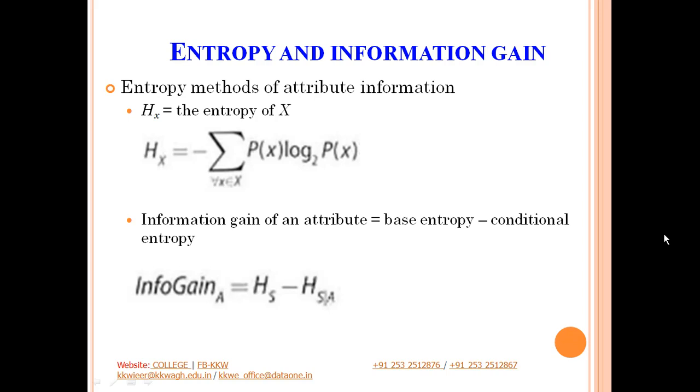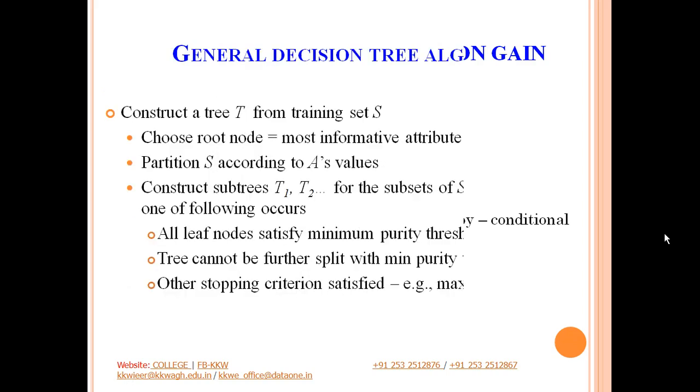Basically, we are going to calculate the information gain for each of the attributes, and then we select the attribute that has the highest information gain. Highest information gain means the most promising attribute, and accordingly we will proceed to construct the decision tree. So that is the basic concept behind entropy and information gain.